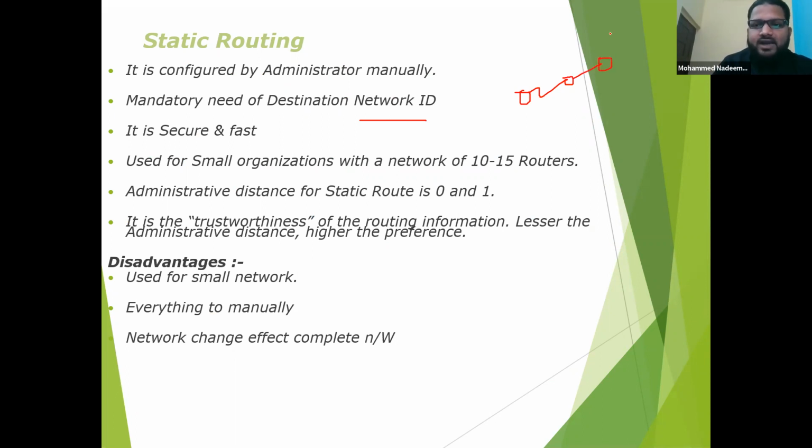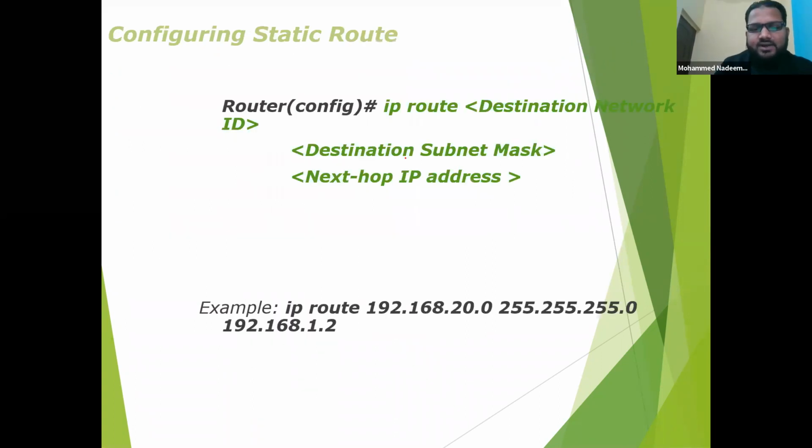If tomorrow you add another network, another branch, let's say a UK LAN, then you need to go and modify each and every router and statically add it everywhere. So manual work is there. It is used for smaller networks. The command is ip route, destination, subnet mask, and the next hop. Only a simple command configuration for static routing.